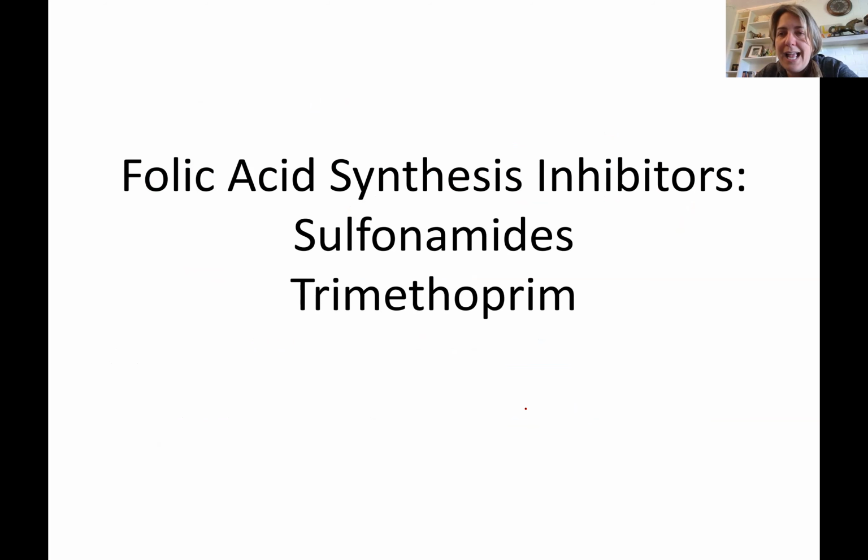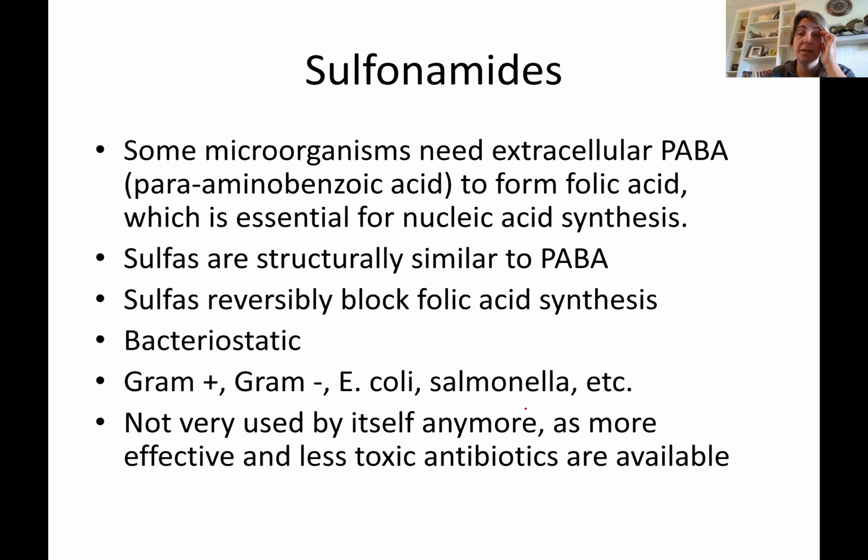The other class is the folic acid synthesis inhibitors, and those are going to be the sulfa and trimethoprim. Sulfa is structurally similar to PABA, and PABA is what these microorganisms use to form folic acid, which is essential for nucleic acid synthesis. They grab PABA, bring it inside themselves, and use that to form folic acid.